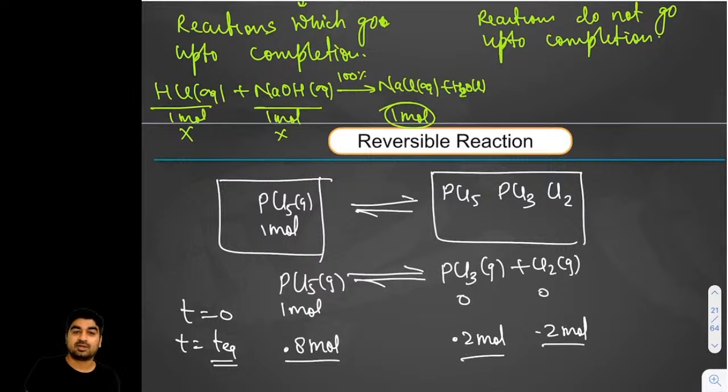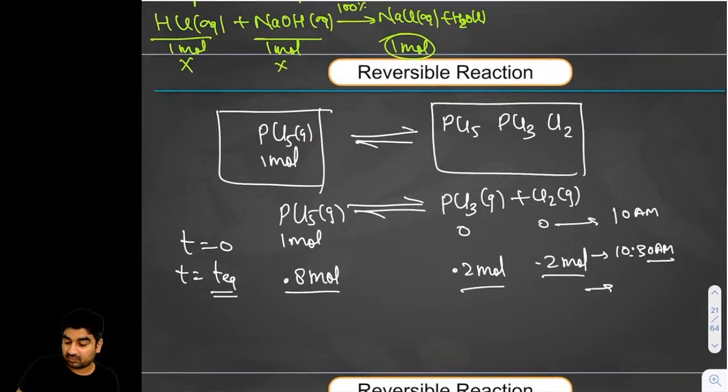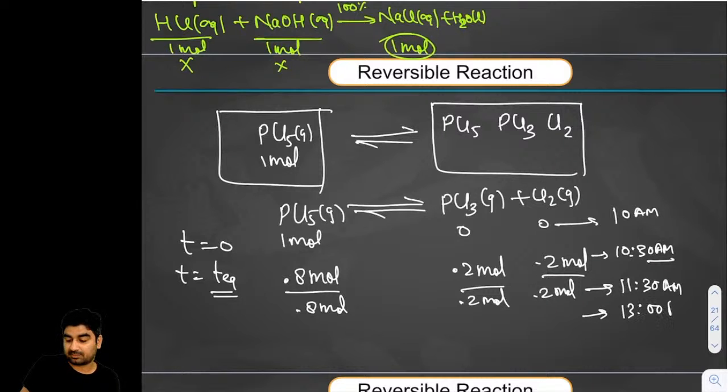Now what will happen? Suppose you started this experiment at 10 am. Equilibrium was achieved at 10:30 am. So guys, if you look again at 11:30 am, you will find the same composition. If you look at 1 p.m., you will find the same composition.